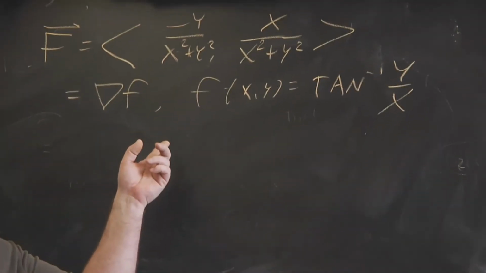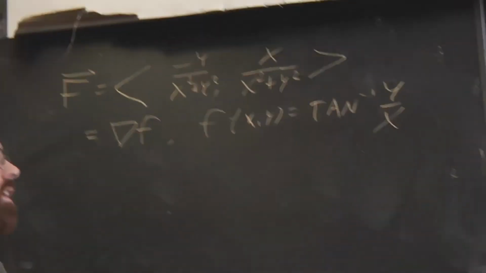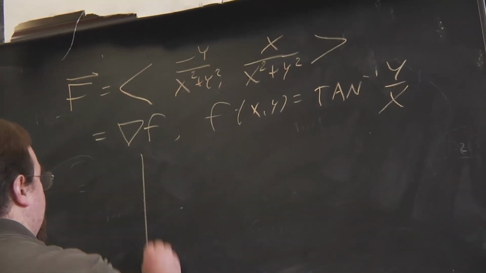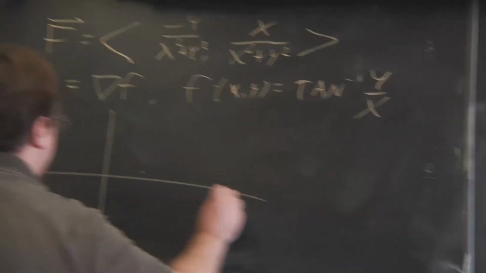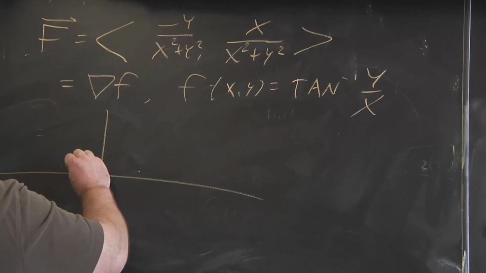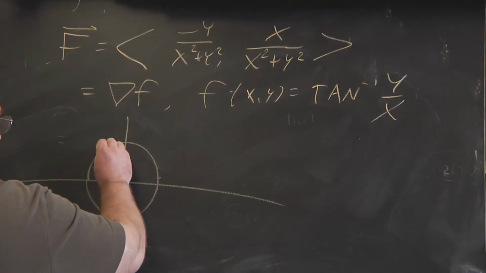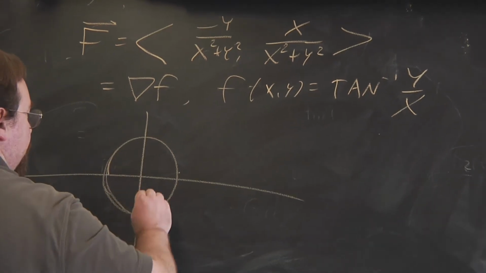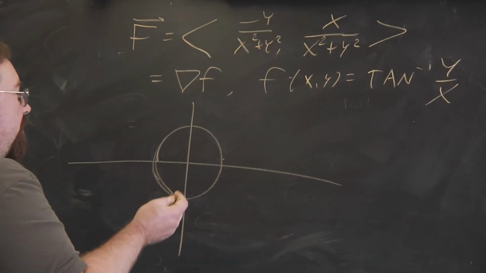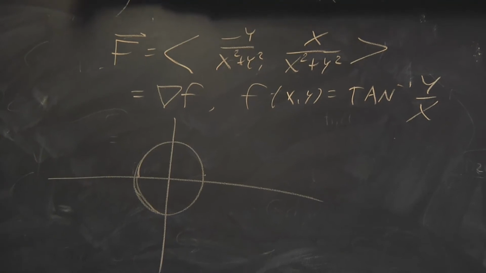So we say, oh, this is conservative. But then, suppose you take a circle around the origin. Radius doesn't matter. The point is it's centered at the origin.